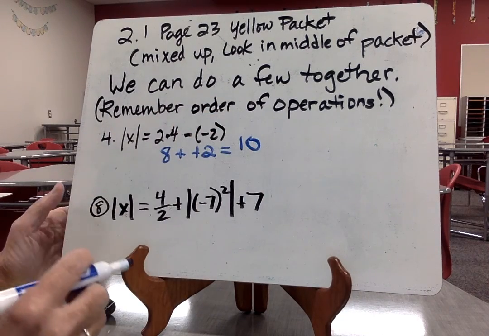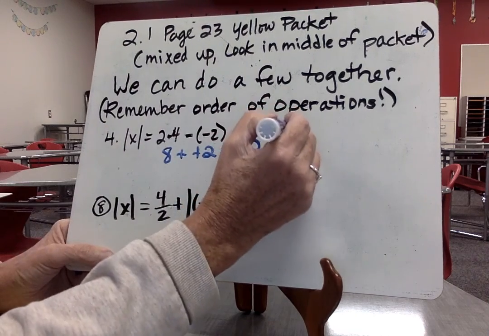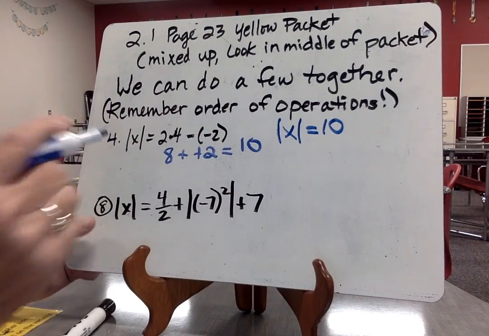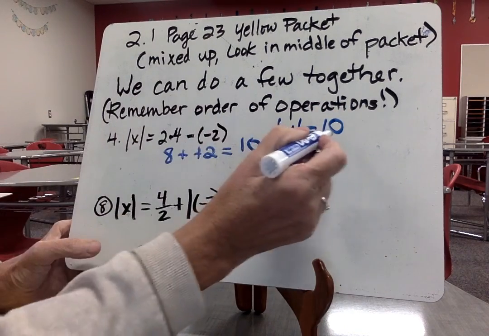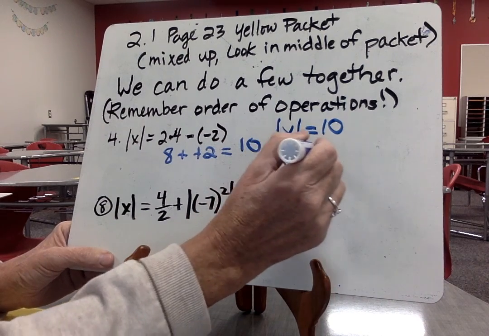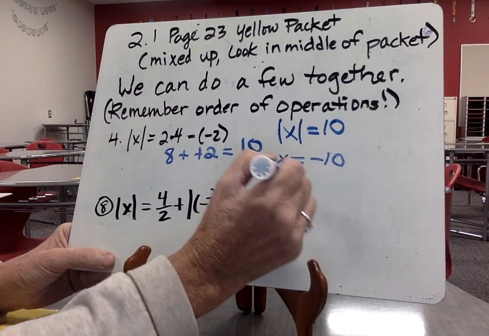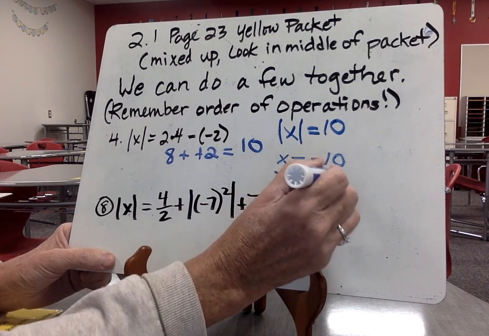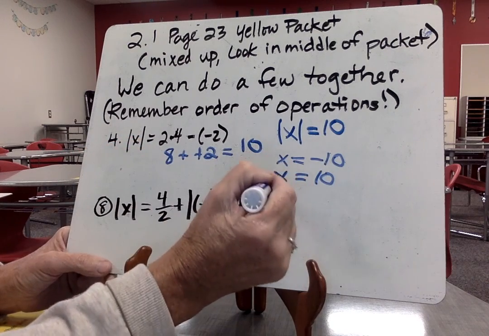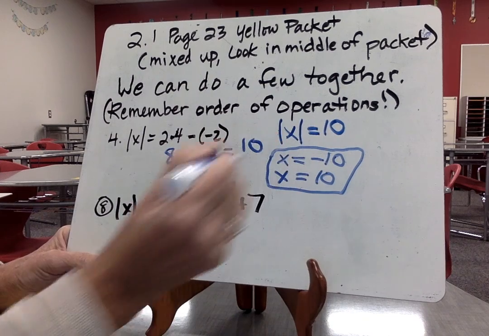We ask ourselves, is that a positive or negative number? It's positive, so we have absolute value of x equals 10. So again, the original problem, the answer is positive, so we can put x equals -10, or x could be +10. Okay, if we put that back in here, then you get the correct answer with x equals -10 or x equals +10.